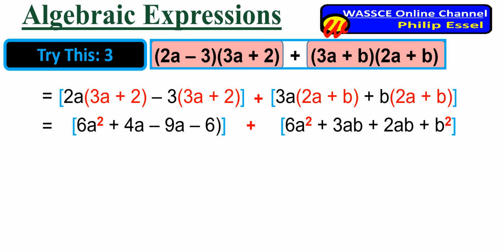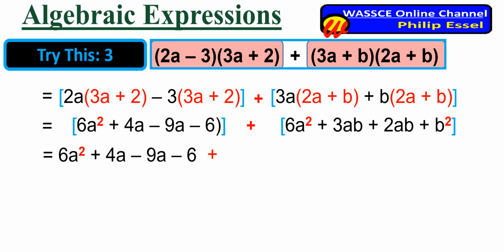For the first item, when we remove the bracket, we would get 6a squared plus 4a minus 9a minus 6. And we got the same thing because the sign in front of the bracket is positive.